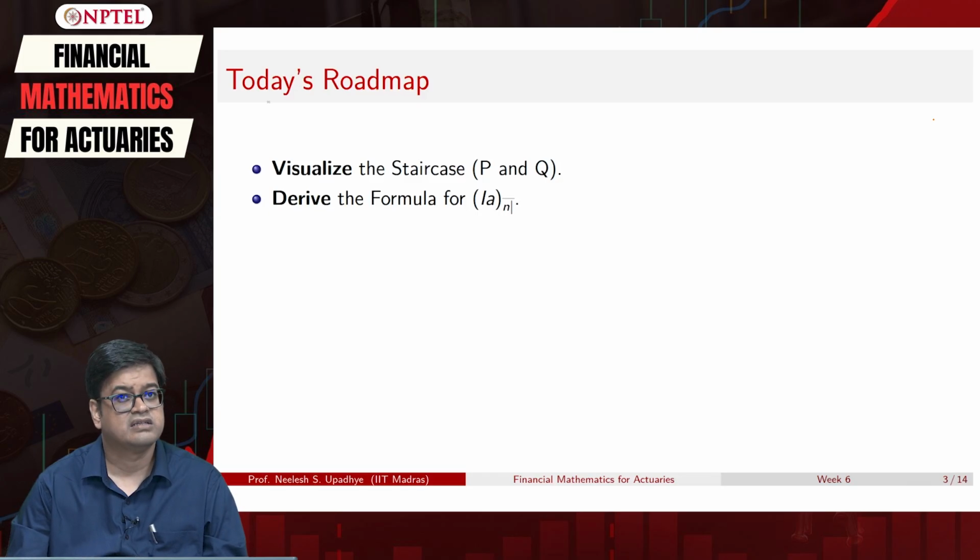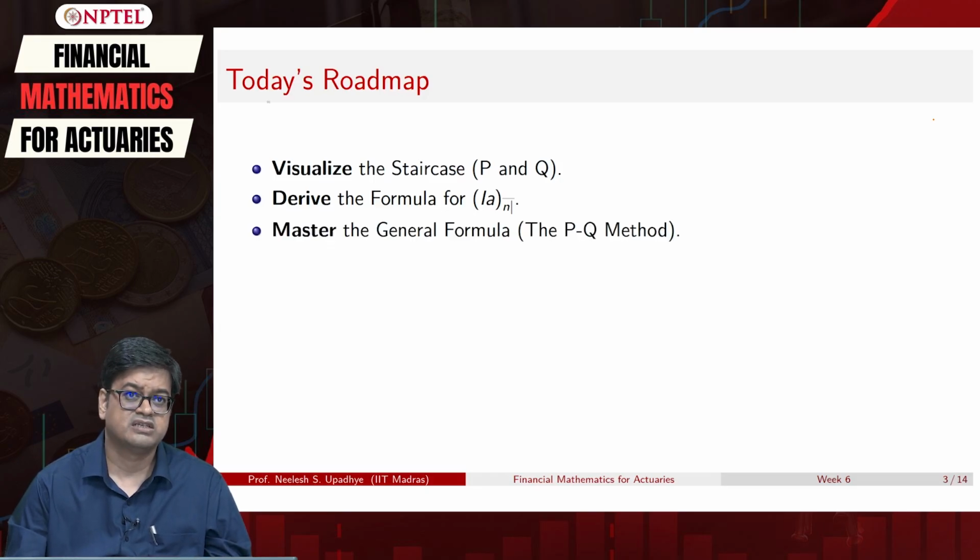Whenever we start a topic, we generally start with a payment of 1 unit and an increase of 1 unit, and then it is natural to visualize the formula for a general case. We will derive that formula in the general perspective, which is the PQ method that we will discuss today.